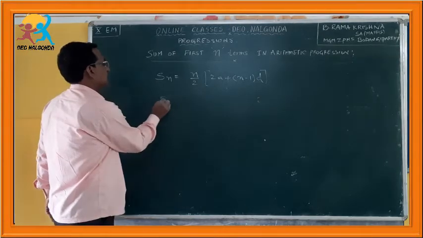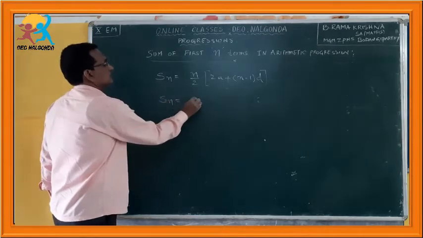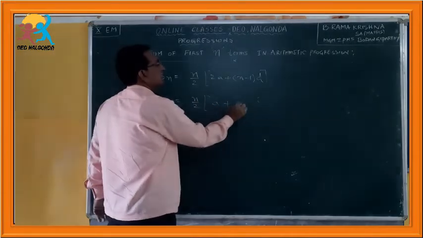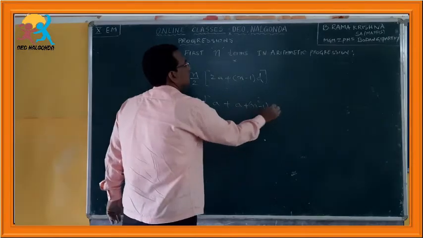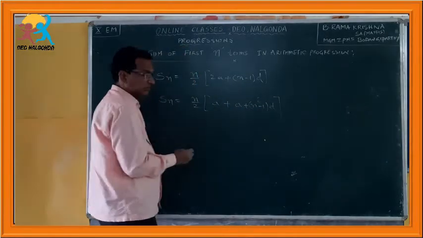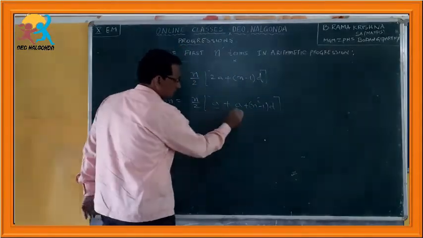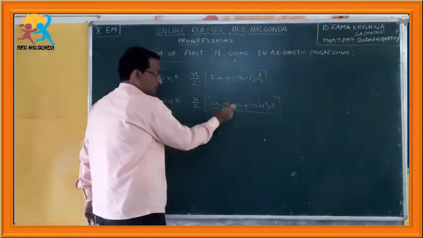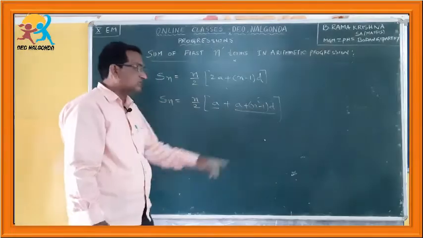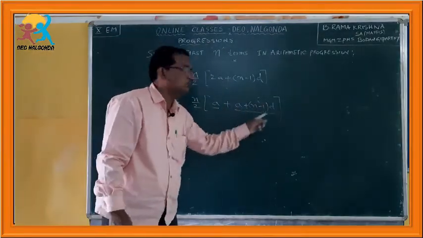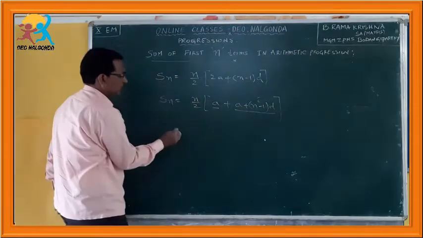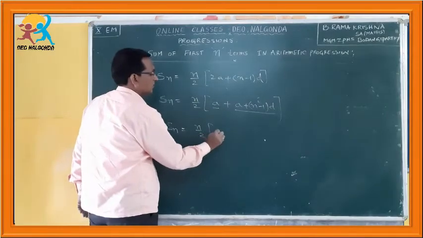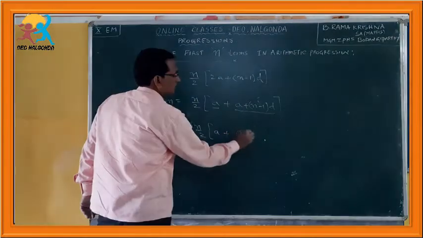Now, if I rearrange this formula, 2a can be written as a plus a, so we get a plus a plus n minus 1 into d. Observe this: a plus n minus 1 into d is the formula for the nth term. Therefore, I can rewrite it as n by 2 into a plus an.